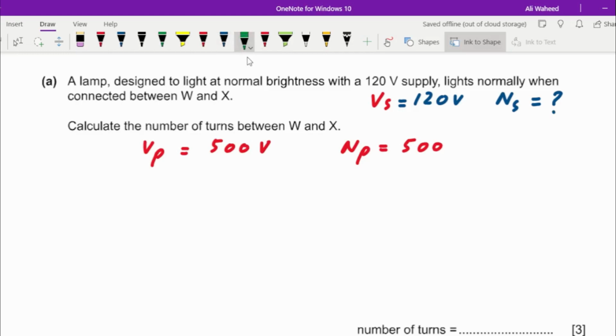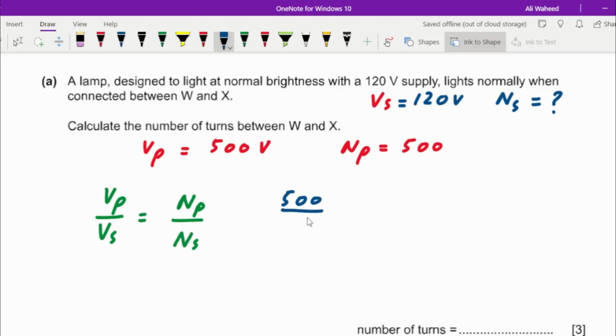What formula do we have? The easiest formula from the transformers, you must be aware of it. The ratio of voltage, that is Vp over Vs, equals the ratio of number of turns, Np over Ns. Let us insert the values that we have. We do have the value of Vp, which is 500.